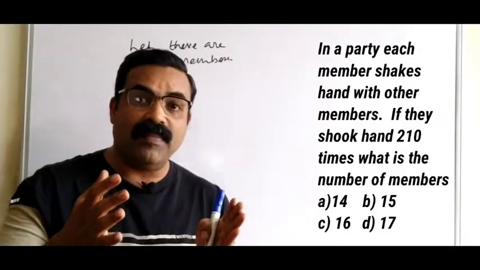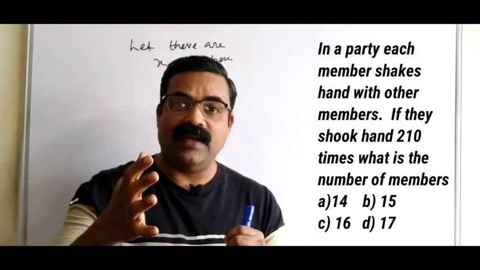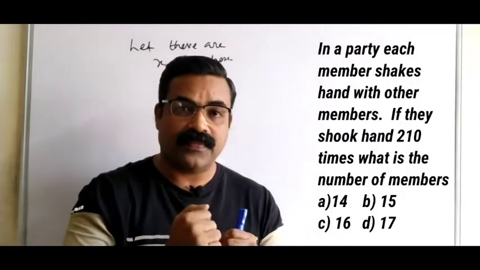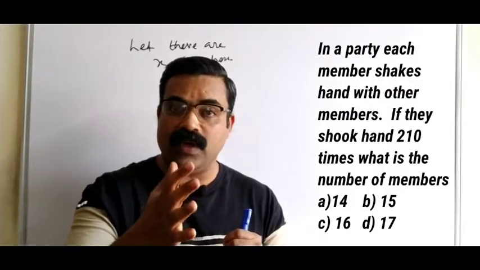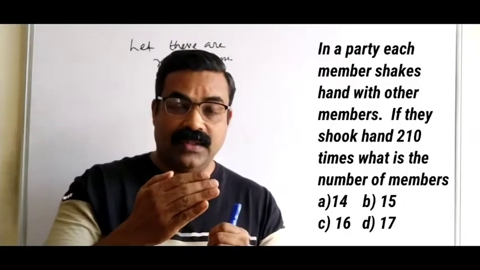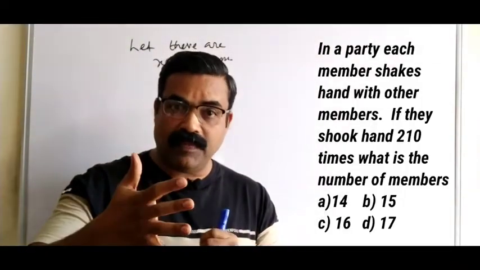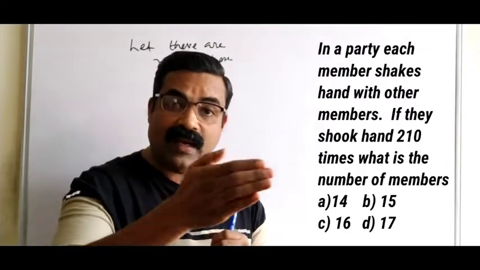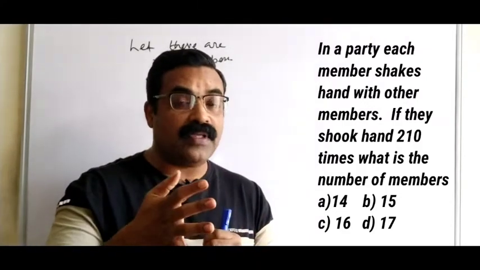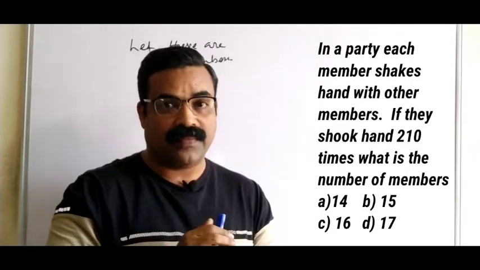There are 10 members in a party. Suppose one member will shake hands with the remaining 9 members: 10 minus 1, 9 members, 9 handshakes. And suppose there are 20 members in a party. One person will shake hands with the remaining 20 minus 1, 19 members.